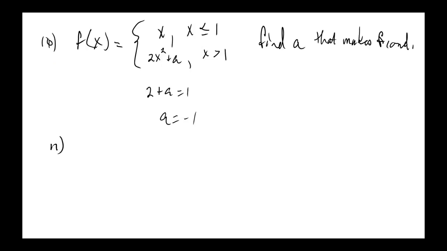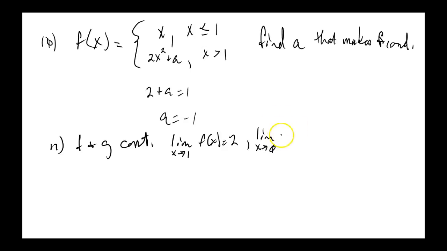If f and g are continuous functions, and the limit as x approaches 1 of f of x is equal to 2, and the limit as x approaches 0 of g of x is equal to 1, then what is the limit as x approaches 0 of f of g of x?